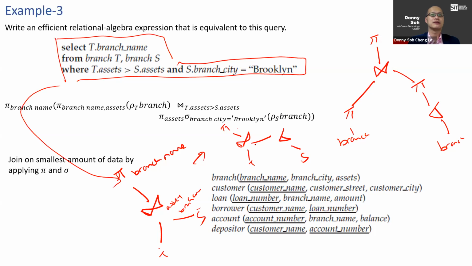This is the first step. The second step is that I can push down the projection on both sides, and then I will end up with this expression over here.